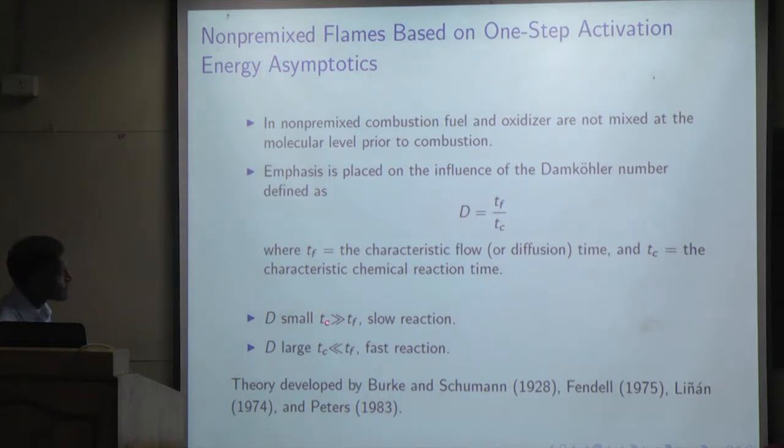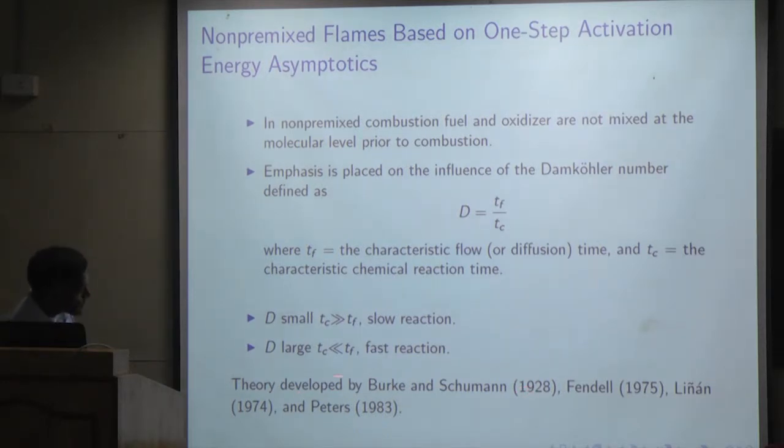If the Damköhler number is small, that implies that Tc is much larger than Tf, a slow reaction. Whereas for a large Damköhler number, where the chemical time is much less than the flow time, this represents a fast reaction. The first thing I want to talk about today is the Burke-Schumann flame.